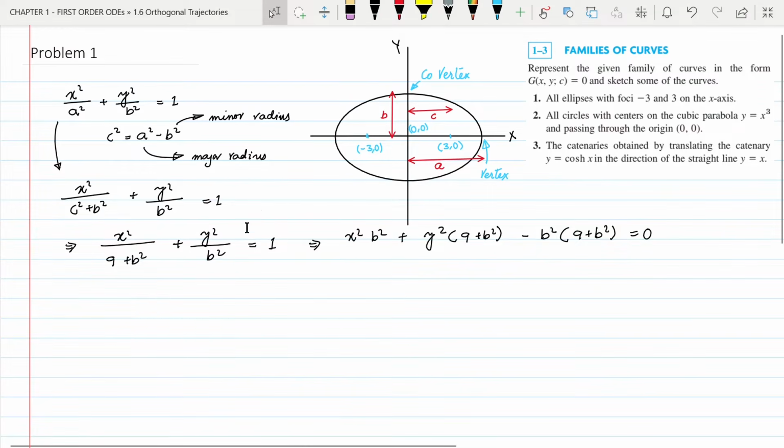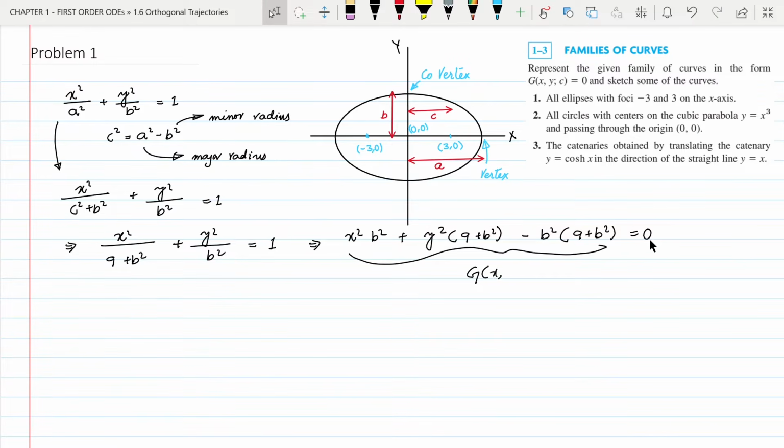We have rearranged the terms in this equation to represent it in the form g(x, y, c) equal to 0. That means we have taken all the non-zero terms to the left hand side and kept the 0 on the right hand side. Now this is the g of x, y, c term, and the right hand side has a 0 in it.